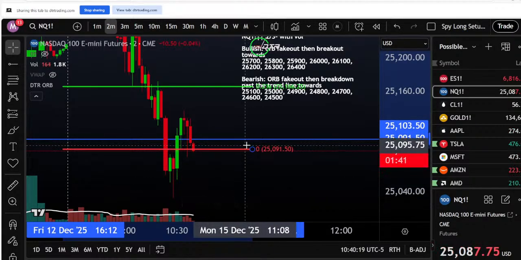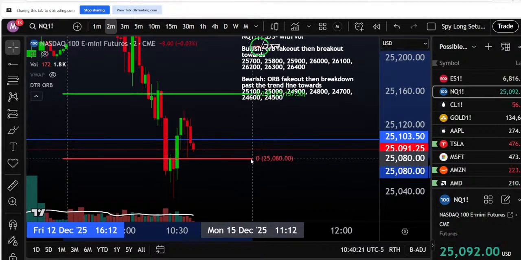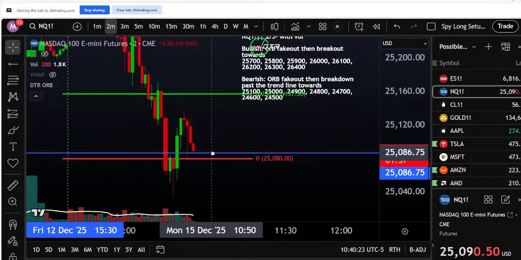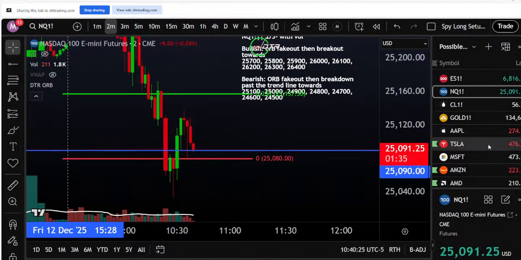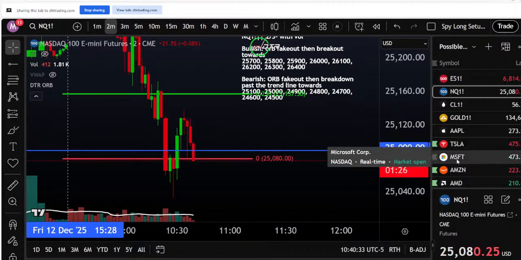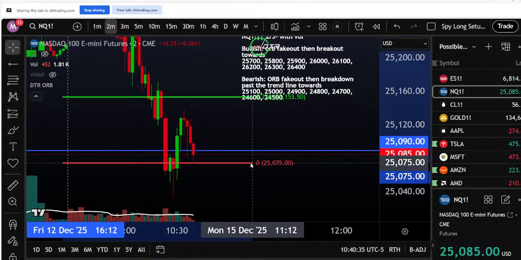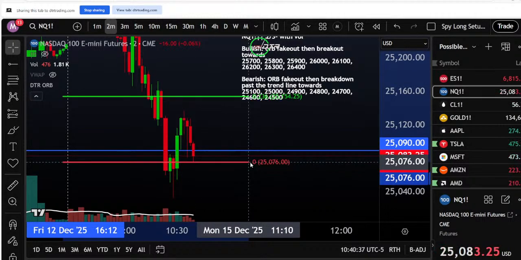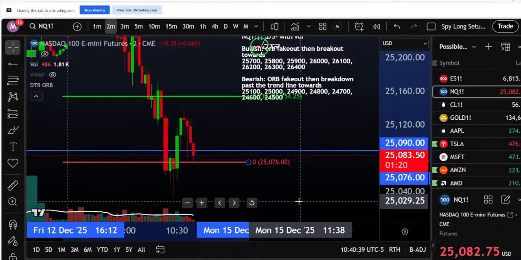Lower. Fast. We're back to this scenario. Stop loss at 80. See the fake out underneath. There it is. And now you're looking at a 76 stop loss, guys. 76.